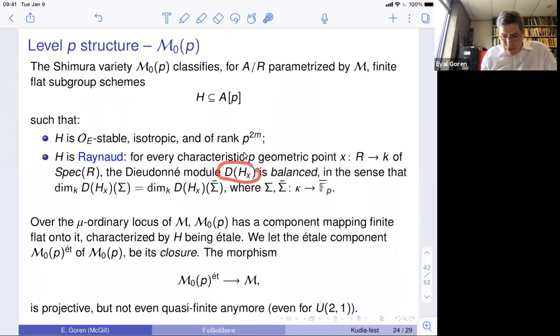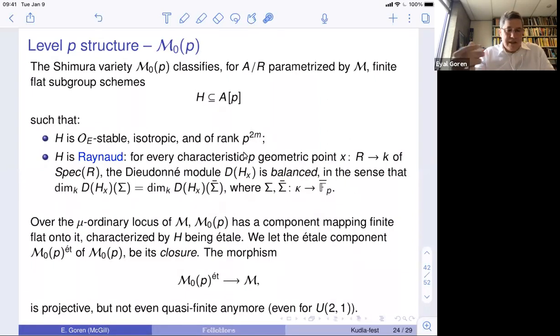If you take the Dieudonné module of such a group scheme over any geometric point, it has an action of O_E because it's an O_E-stable group scheme, and it decomposes into a direct sum of two modules according to the O_E action. One we call the sigma part, and the other the sigma-bar part. You want them to have the same dimension. That's equivalent to Raynaud.